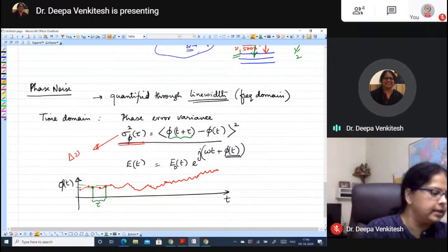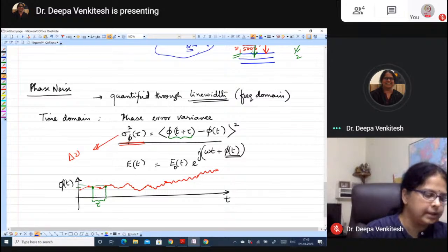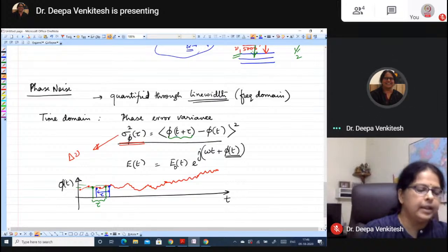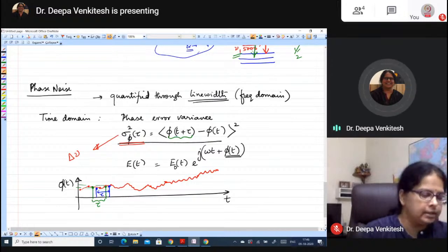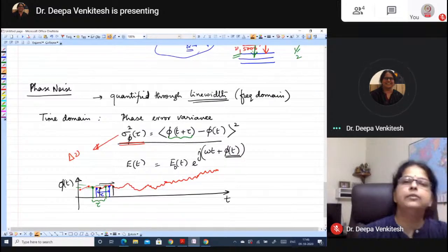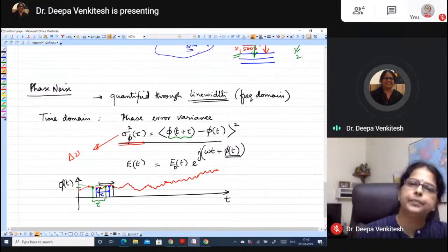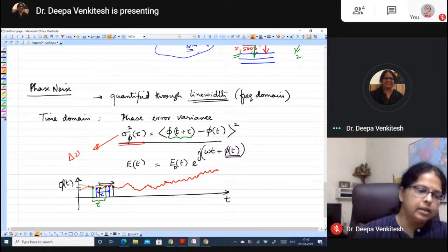I take the next time instant, keeping tau the same, and calculate phi of t plus tau minus phi of t. Then I take the third time instant, calculate the difference, and so on.